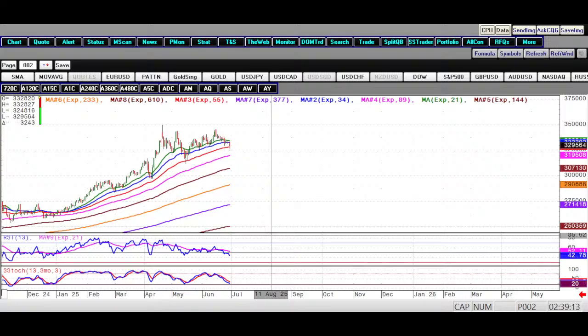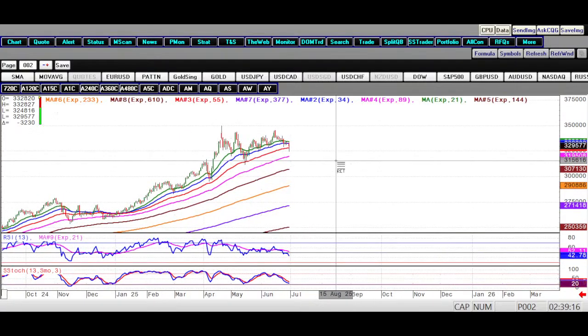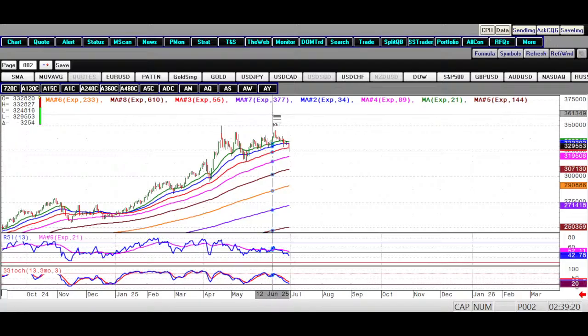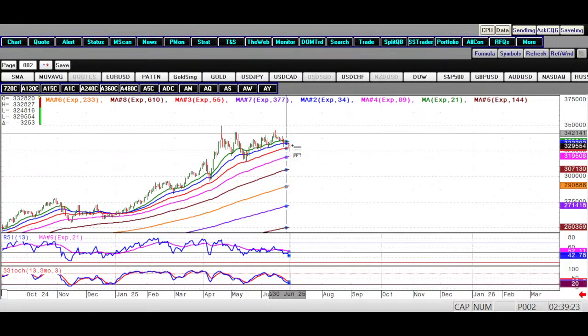So now when we look here at the daily, this is a retracement.